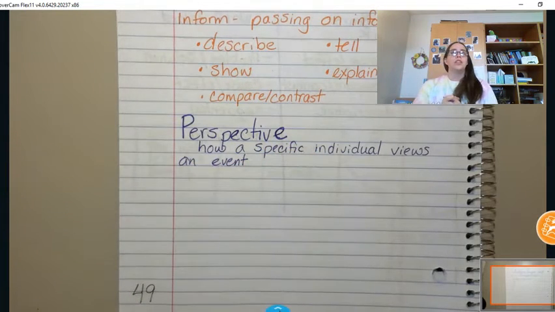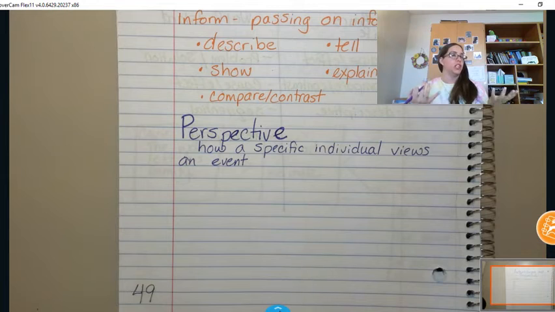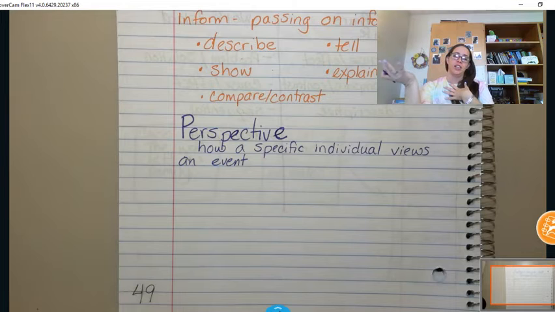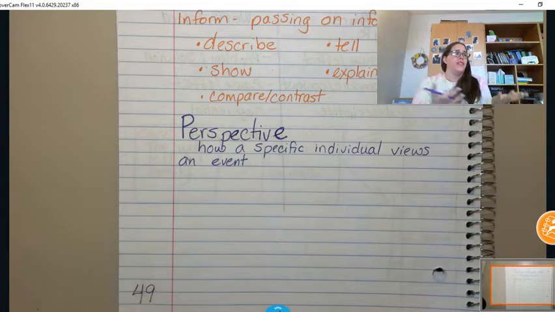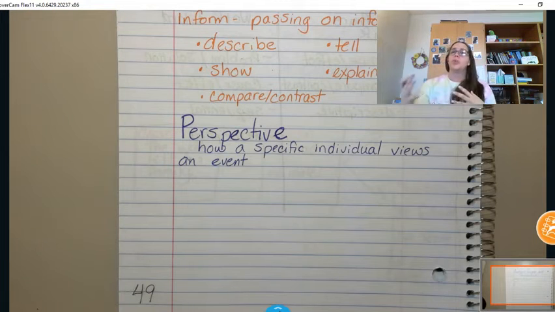So if, say, Miss Rogge is making her dinner and she accidentally drops a little chicken without a bone onto the floor, I am going to view the event, my perspective is as a tragedy. Oh, I lost my chicken on the floor. I do not have chicken to eat. But my dog's perspective is, woohoo! Mom just dropped food on the floor for me to eat. So the perspective depends on who you are that decides how you view that event.